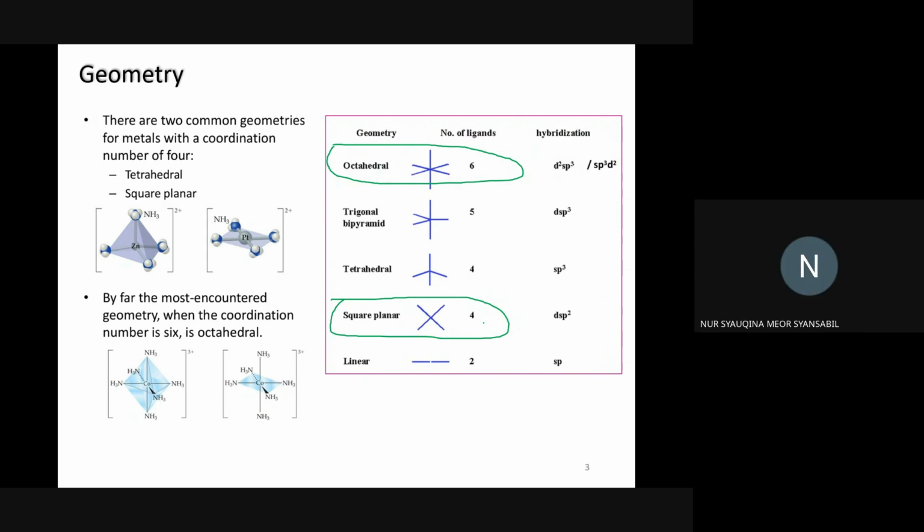Yes, because it depends on the denticity. If the ligand is monodentate, there's only one coordination site. If the ligand is bidentate, tridentate, tetradentate or pentadentate, the denticity increases. The coordination number will increase even though the number of ligands is just 1.